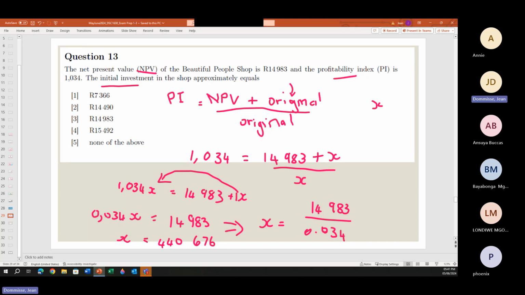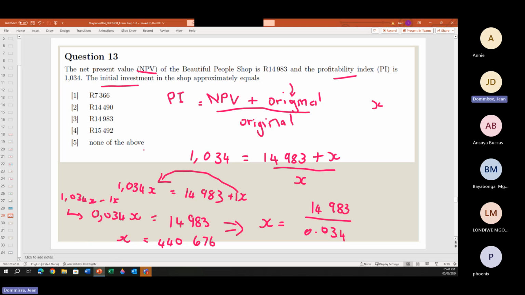Okay, so that is where that one disappeared to, when I took it to the left-hand side.